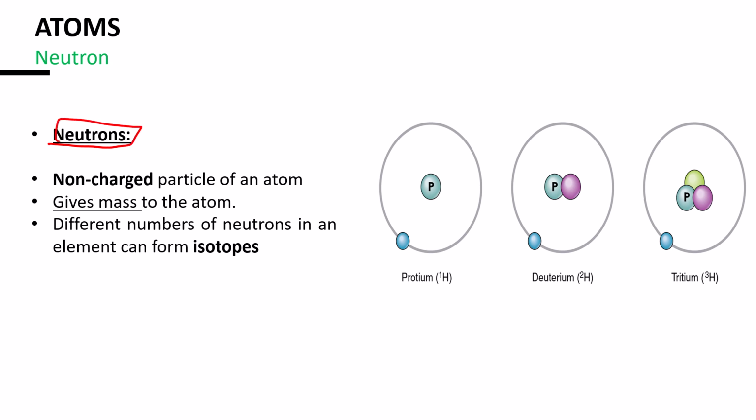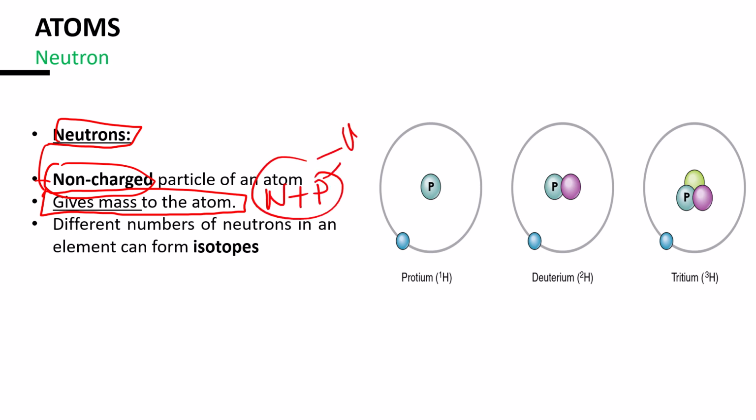Well, we already mentioned neutrons. They have no electrical charge. Neutrons also give mass to the atoms. And remember that neutrons plus protons make the nucleus of an atom. And then the other thing is that we just mentioned that the amount of protons in the nucleus is what dictates what element or what atom you have.